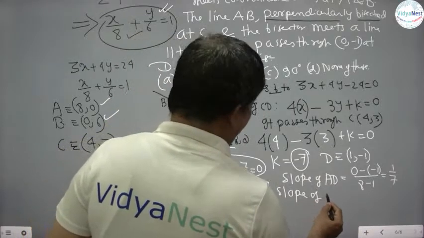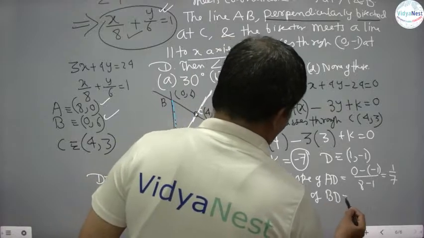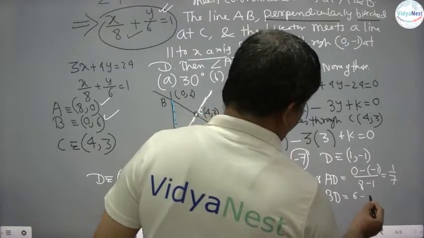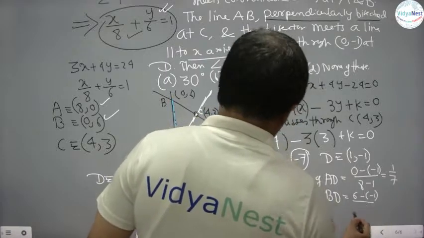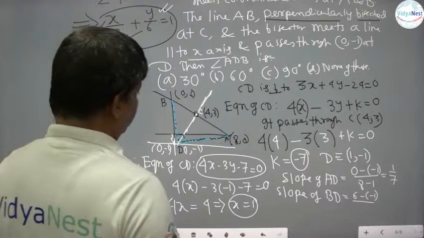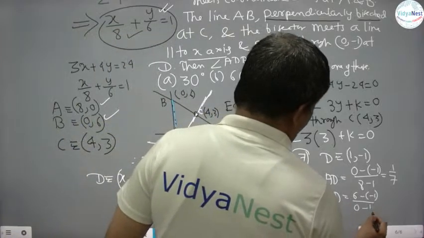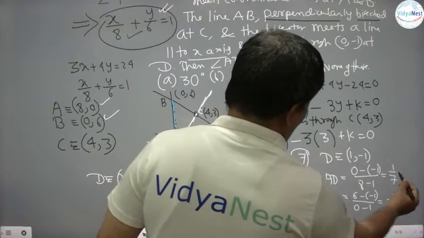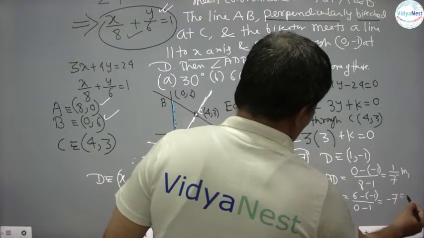Slope of BD: 6 minus of minus 1, 0 minus 1, minus 7. That is m1 and m2.